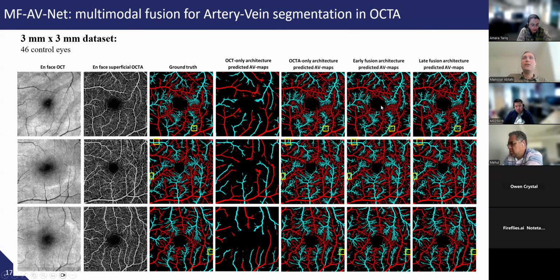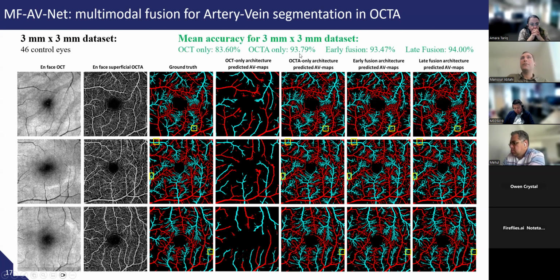However, when we combine OCTA as an input to the models, we get higher accuracy in segmentation of the arteries and veins, and also the capillaries, including the arterial side or venous side of the capillaries.